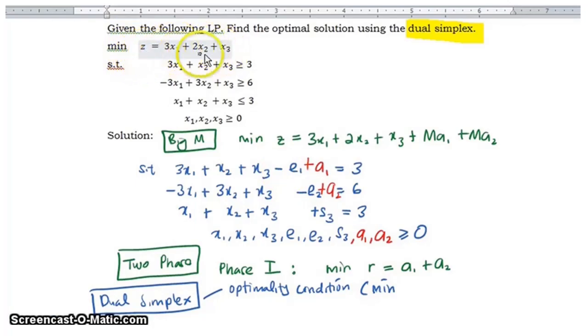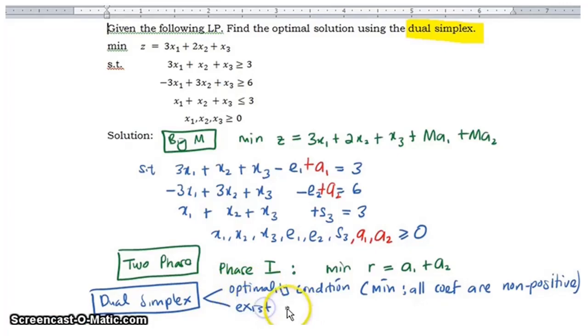We need to make sure the coefficients in row 0 are non-positive, and also there exists a negative right hand side in any constraint.